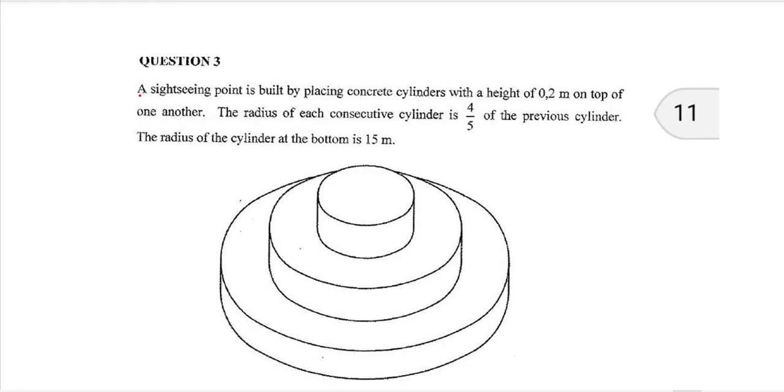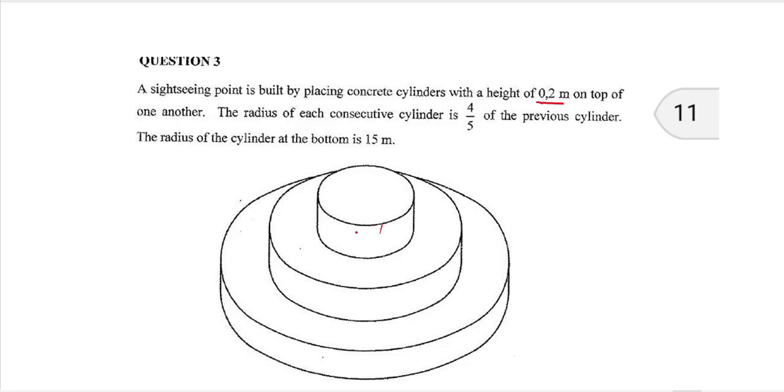Do you get me? They say a sightseeing point is built by placing concrete cylinders with a height of 0,2 on top of one another. The height of this concrete is 0,2. Each concrete is 0,2 here.